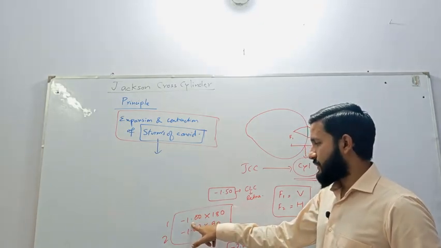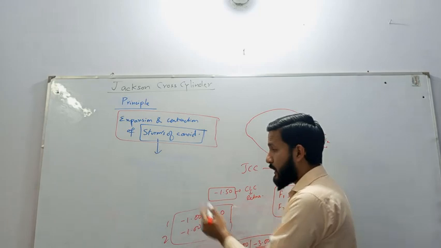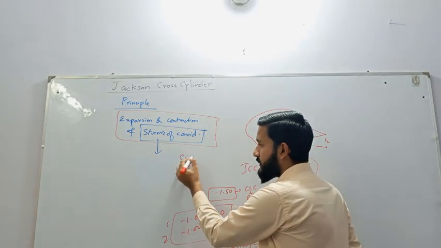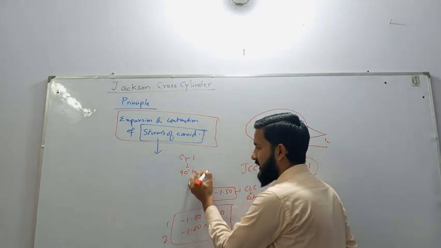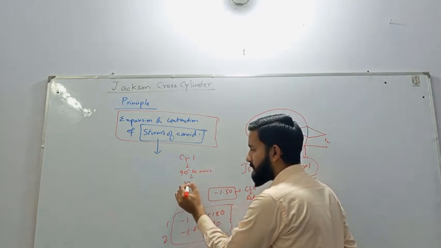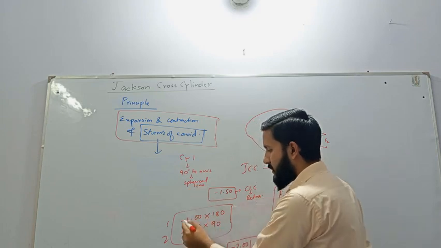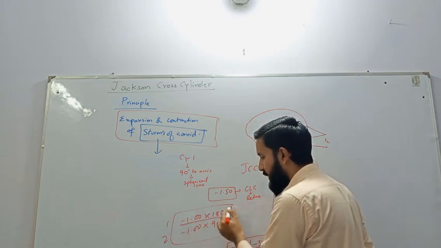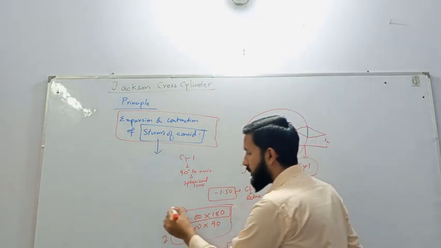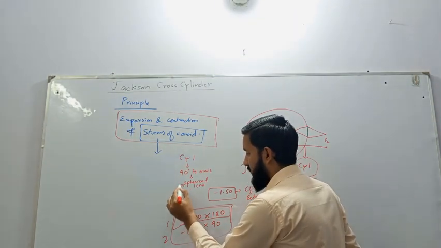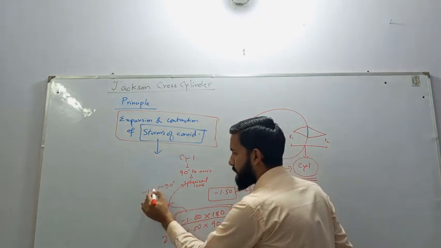So in the first position we have -1 at 180. We know that cylindrical lens 90 degree to its axis acts as a spherical lens. So when we put -1 cylinder at 180 through JCC, it means that it will act as a sphere at 90 degree with power -1.